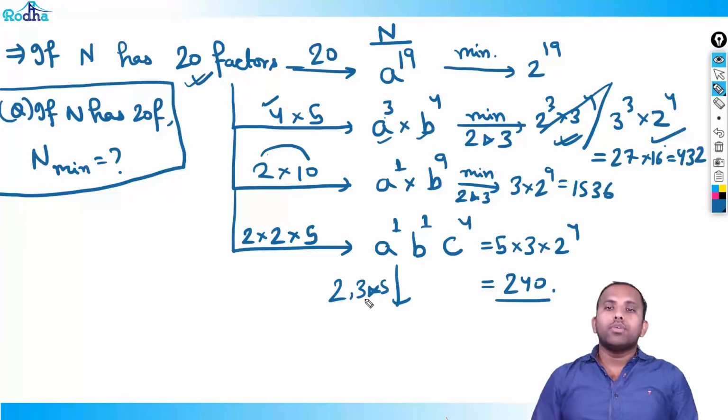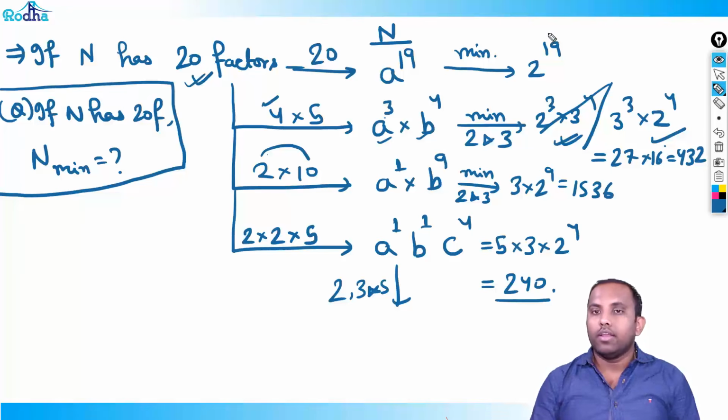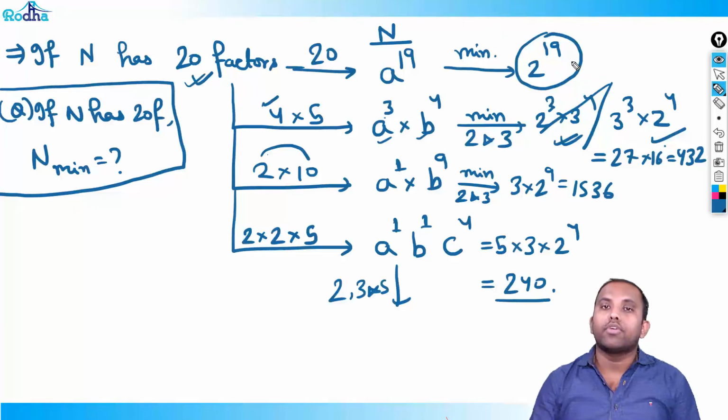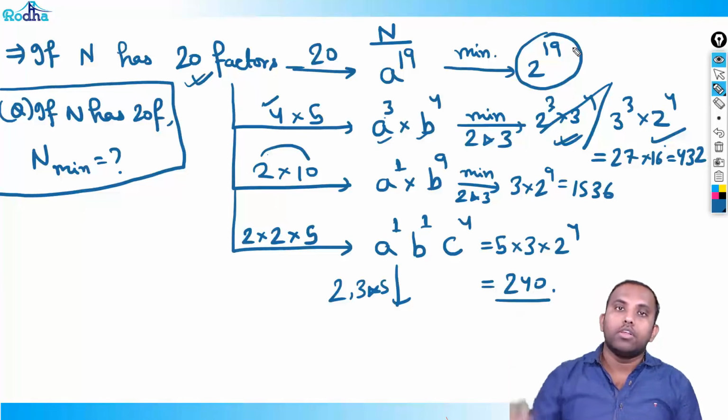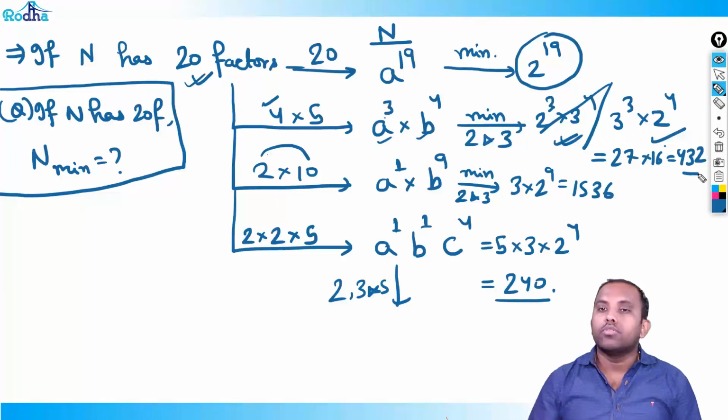You can observe that n has 20 factors. So n is equal to 2 raised to 19 when I'm not splitting at all. This value is much more than all the other values, some lakhs. Here it is 432, a very small value compared to 2 raised to 19. 1536 is smaller than 2 raised to 19, and here 240 is much smaller.